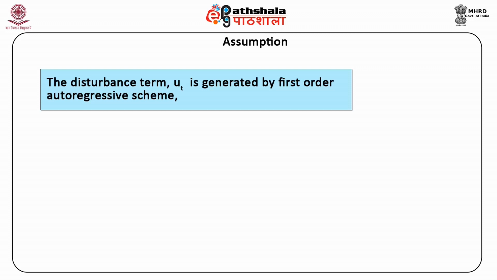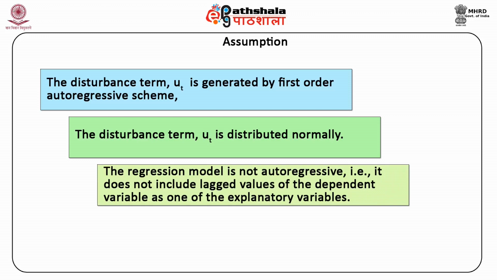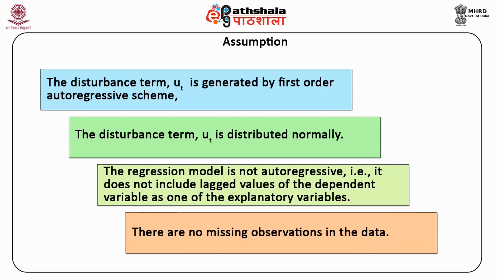The fourth assumption is that the disturbance term mu t is distributed normally. The fifth assumption is that the regression model is not autoregressive. That means it does not include lagged values of the dependent variable as one of the explanatory variables. The last, or the sixth, assumption is that there are no missing observations in the data.